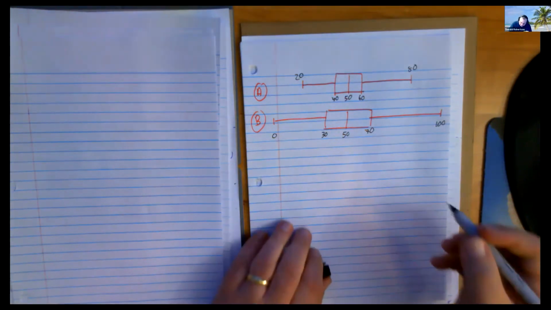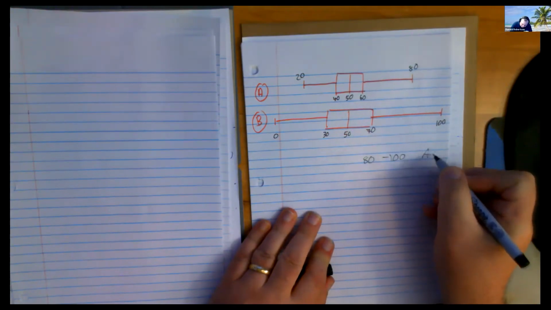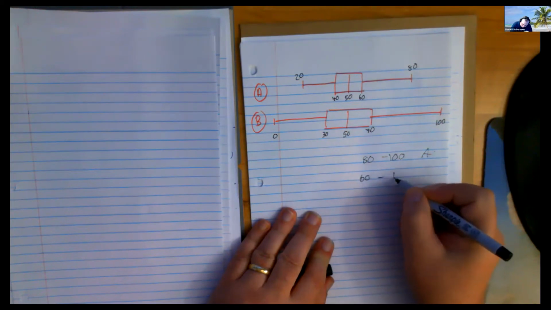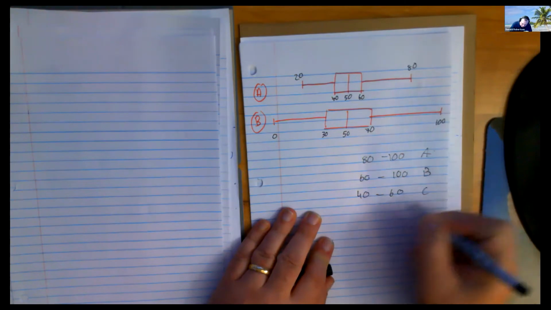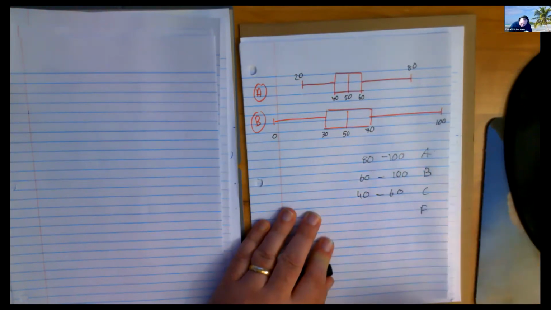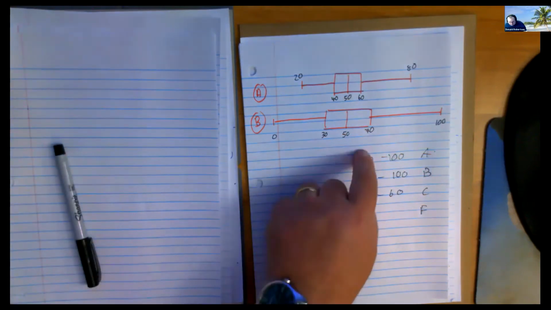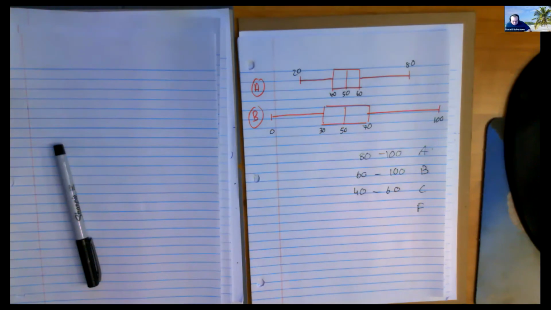Wouldn't it be unfair to just say 80 to 100 is an A, 60 to 100 is a B, 40 to 60 is a C, and anything else is a fail, right? Because if I was using this on each class, wouldn't it not be a fair way of grading?